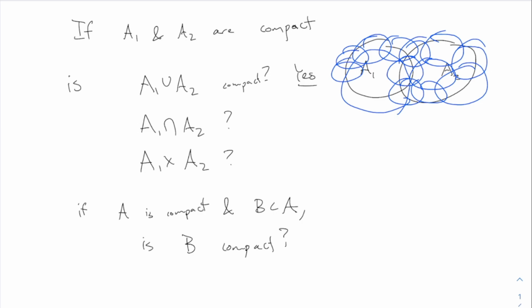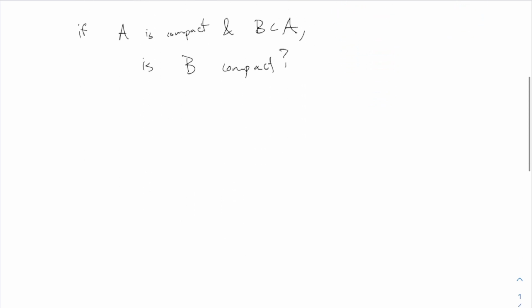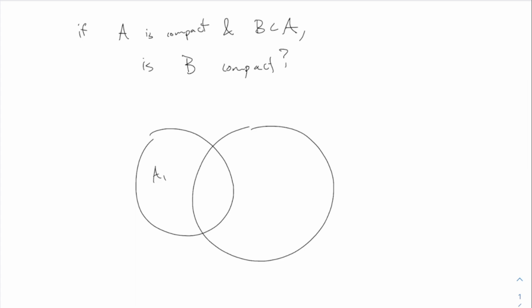Okay, so that was a yes. The second one is a little bit more tricky, but this one is also a yes. The picture for that is really a similar picture, only now we assume there is some intersection, and I want to know, is the intersection compact?